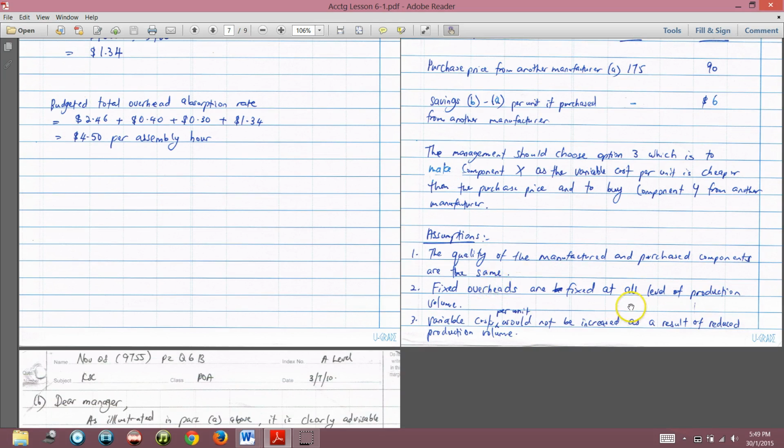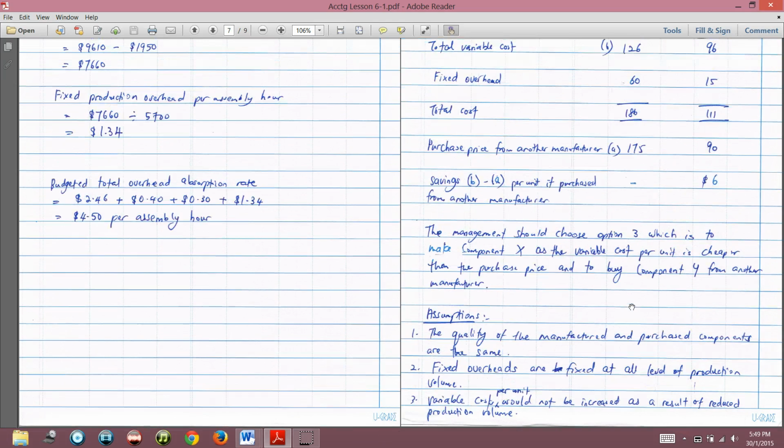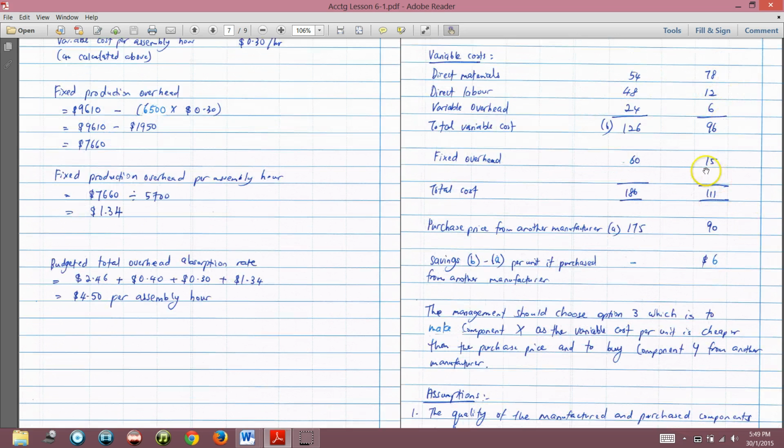Fixed overhead are fixed at all levels of production volume. So we are assuming that this fixed overhead is really fixed, because in reality fixed overhead is not really fixed. Even if we don't produce, we still have to incur $15. Whether we produce or don't produce, our fixed overhead is really just $15 per unit.